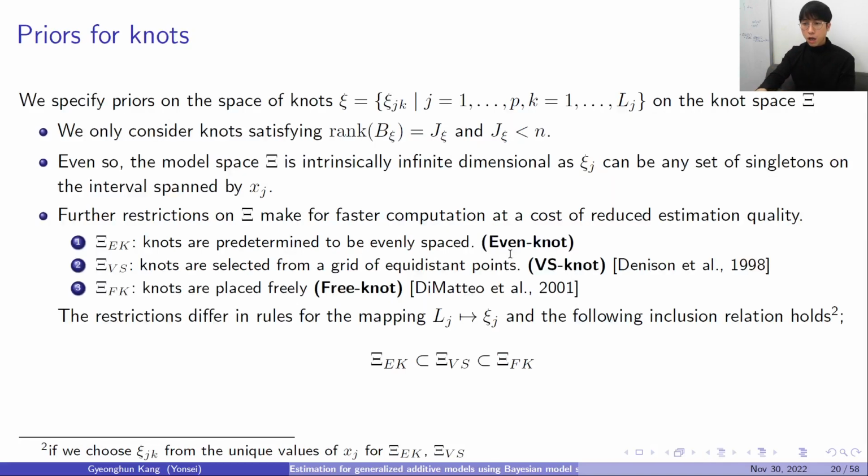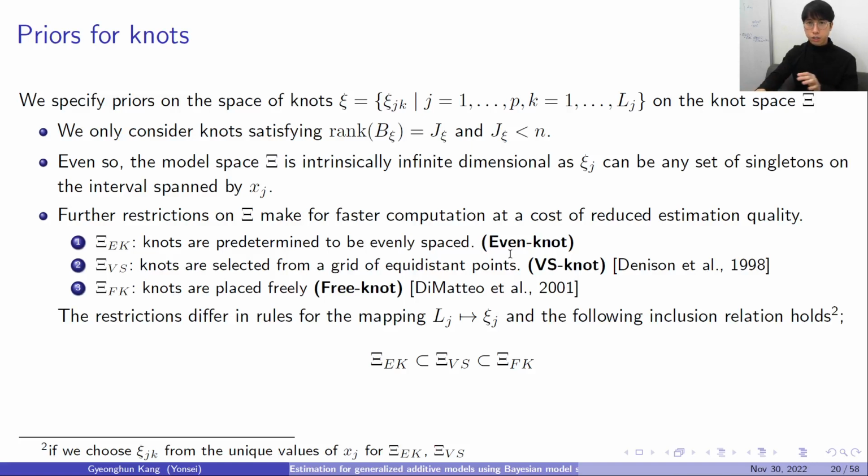Okay, so let's talk a little about the priors for knots. The priors for knots consist of two components. The first is the number of knots, and the second is the location of the knots given the number. We're going to use a uniform prior for the number of knots.